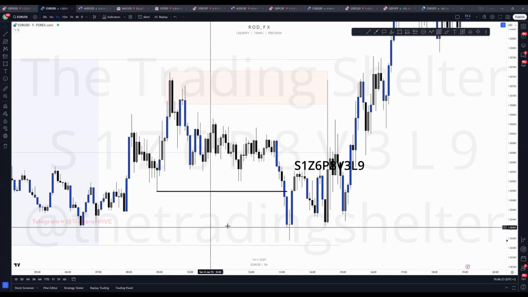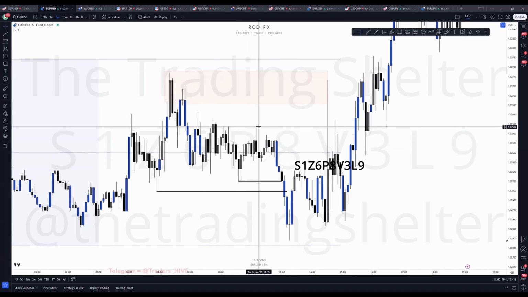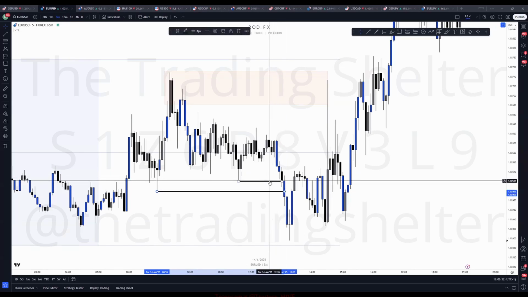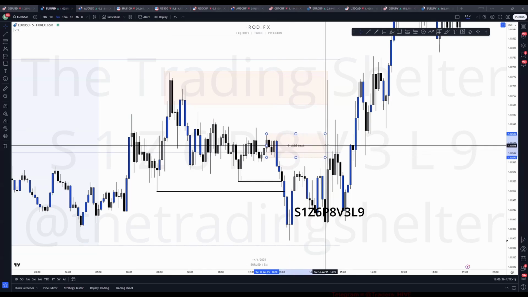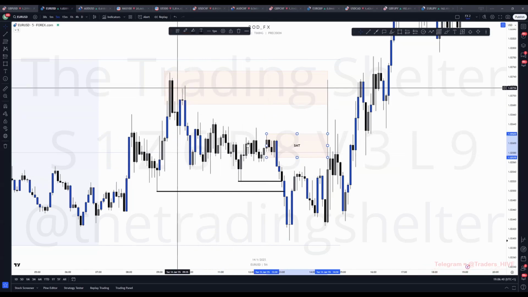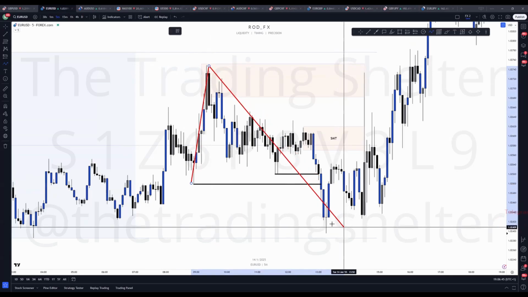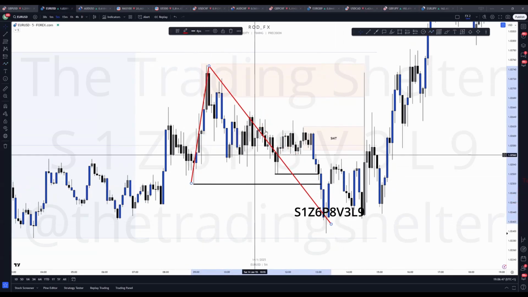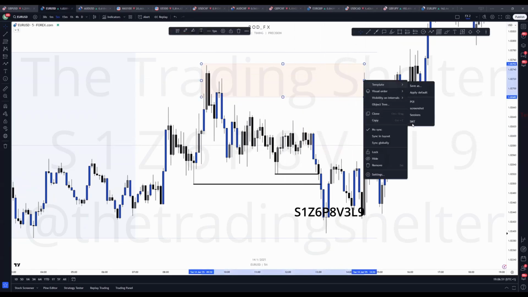I don't like this one, so let's remove it. This is the IFBOSS because this one is an internal structure. So if you would identify only the structure that breaks, you would put this as the SMT, and that would be the valid SMT for the internal break. But this one is actually the higher structural leg, right? This one actually looks better. So this is why I would identify this as a trap zone.